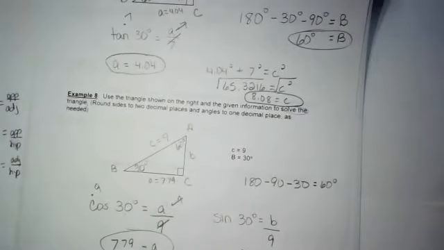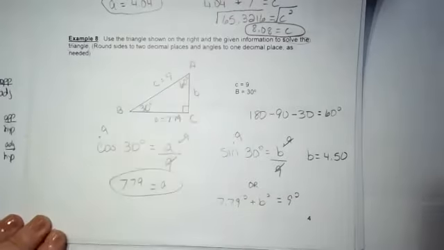I'm just going to multiply both sides by 9, just like I did here. That's going to give me 9 times sine of 30, and I get 4.5. Now, if it wants 2 decimal places, make sure you put a 0, 4.50. You know how finicky my MyMathLab is.